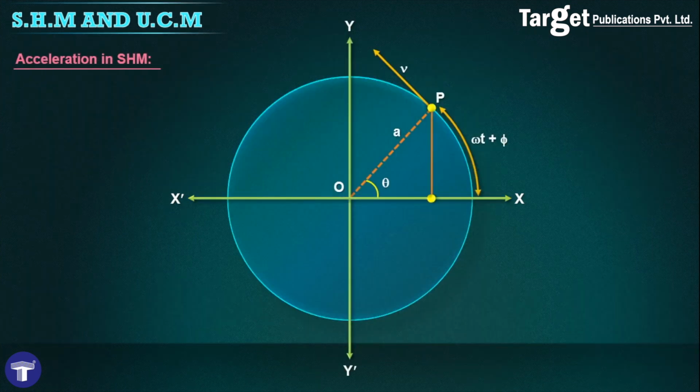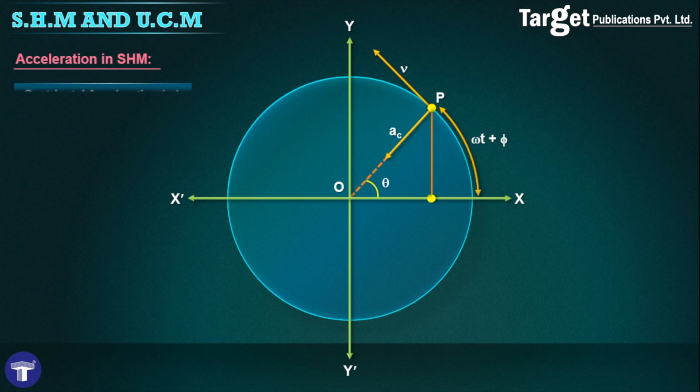Using the method of the reference circle, we can also find the instantaneous acceleration of a particle undergoing SHM. Just like velocity, we will find the acceleration of the particle performing UCM along the x-axis, and that will be the acceleration of the projection along the x-axis, which is the acceleration of the simple harmonic motion.